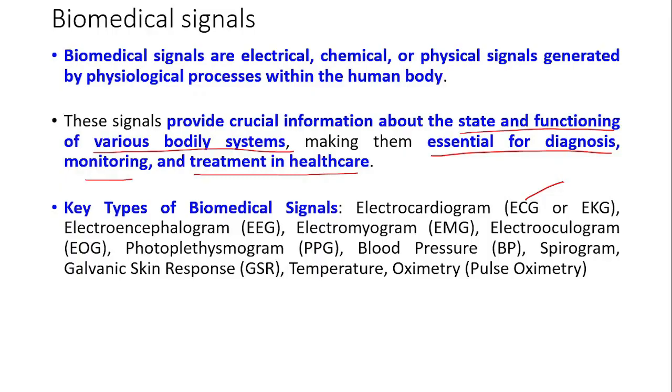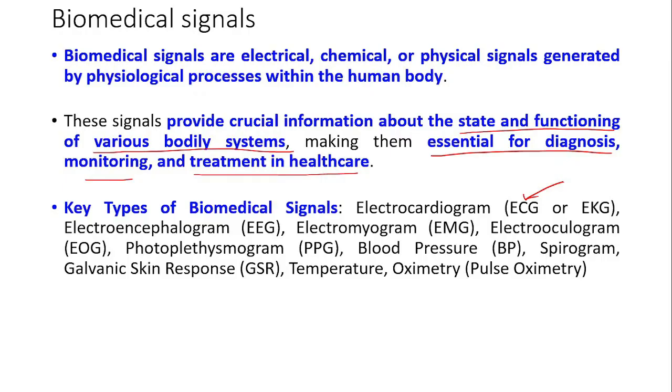So whenever we talk about biomedical signal processing, in more than 90% of cases, anyone will initially talk about the electrocardiogram. Whenever we teach, we teach the concepts using ECG, and when the students understand the basics, we move towards the other signals.